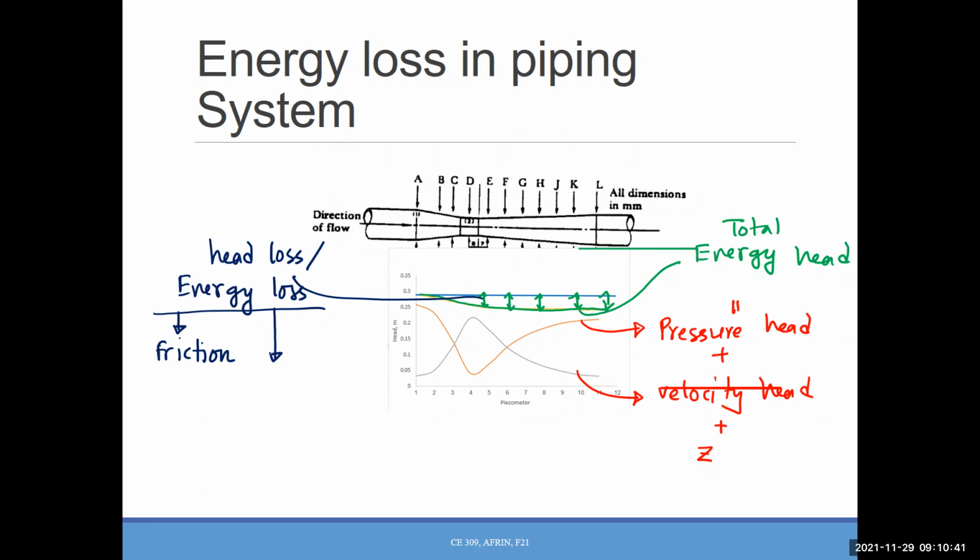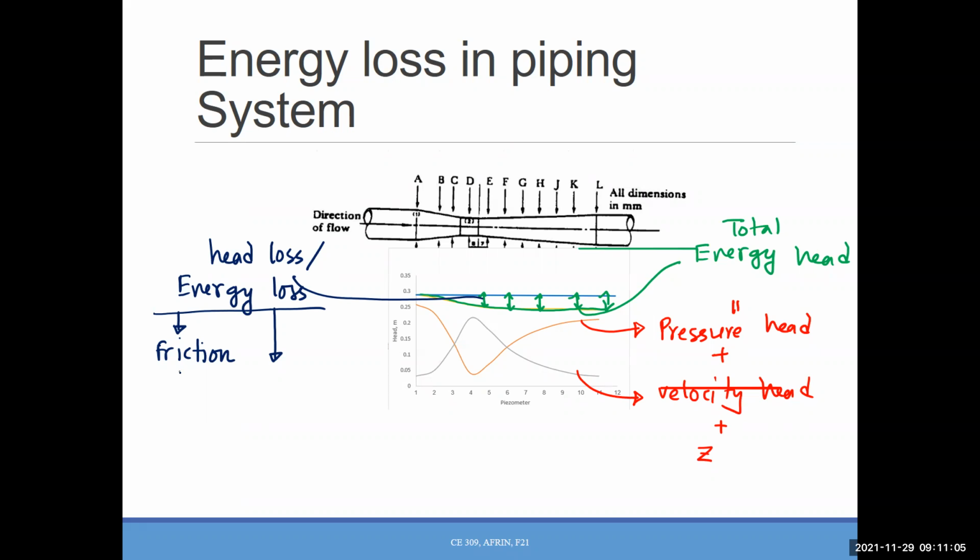Say it again. For temperature, that can be due to viscosity. That can be one thing, and within a few minutes we will see viscosity is another form of friction also.